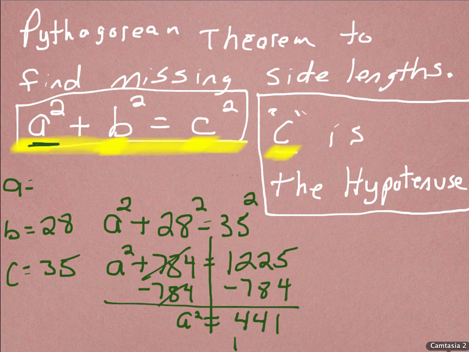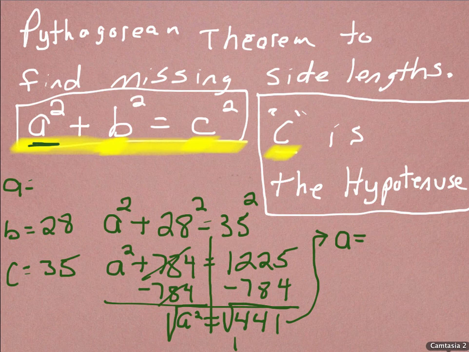Now we got to remember, what is the opposite of squaring something? Square root. Be fair, square root both sides. Now what happens is, if I square root a square, I'm just going to end up with A. Then we're at equals. Now I can square root 441. On the calculator, it's second, x squared, then 441.